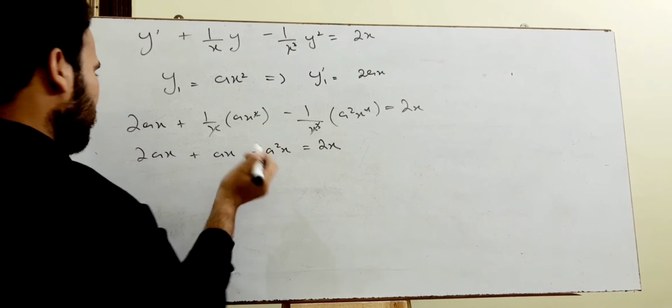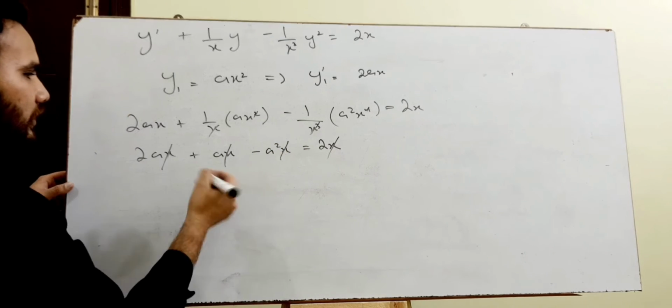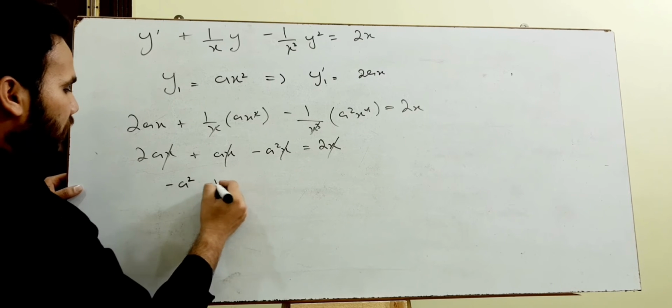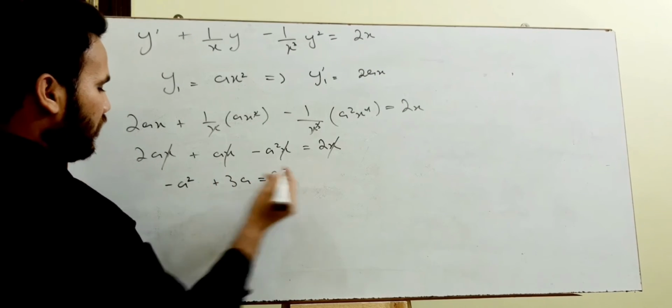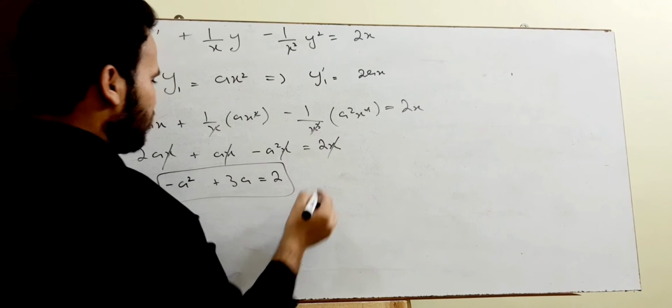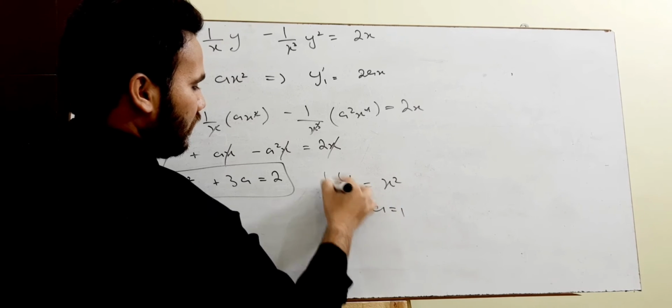Now I can cancel x from all sides. The remaining part equal 2a plus a minus a square plus 3a equals to 2. So from solving we get roots for this equation, and my y1 is x square, means a equals to 1.